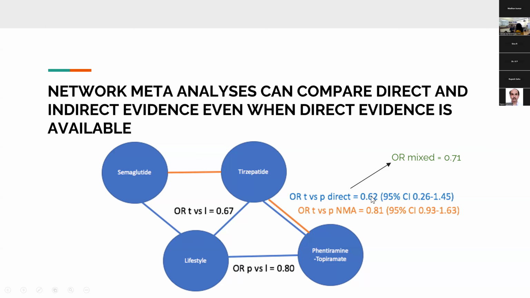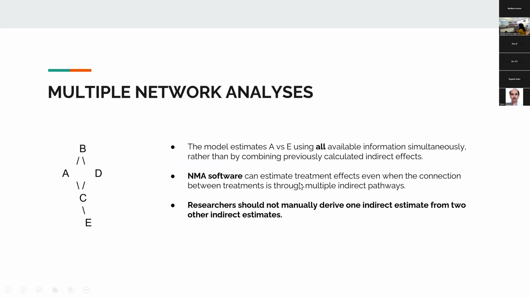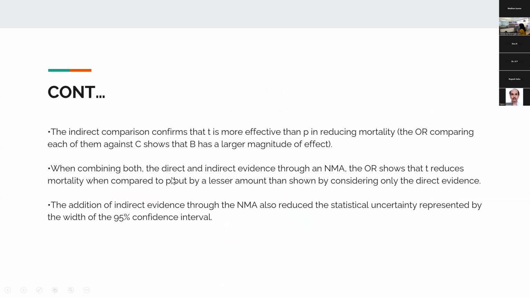So, if this were an answer as to how much tirzepatide reduces mortality compared to phentermine topiramate, the direct analysis will give you a very optimistic result. The indirect analysis will give you a more pessimistic estimate, and the odds ratio will be somewhere in between, with a narrow confidence interval and a higher degree of certainty in the final estimate.